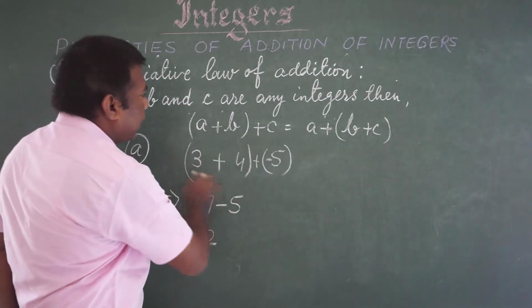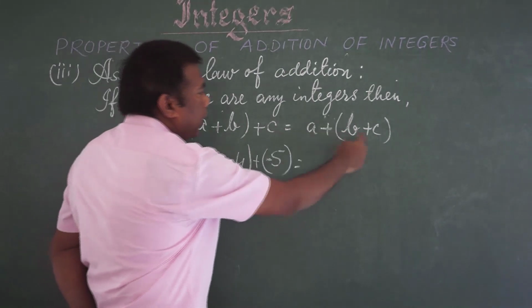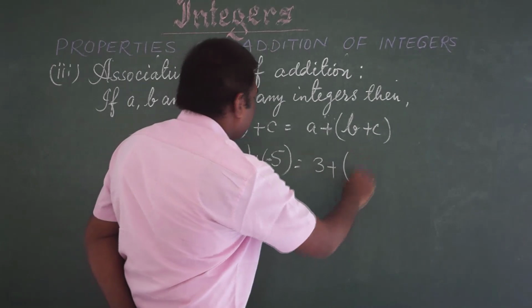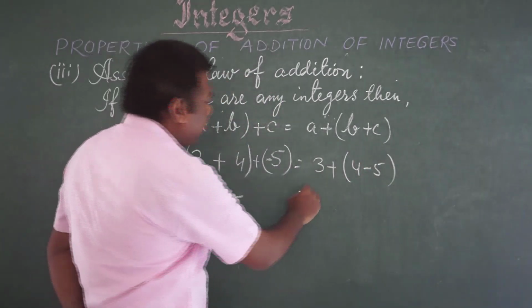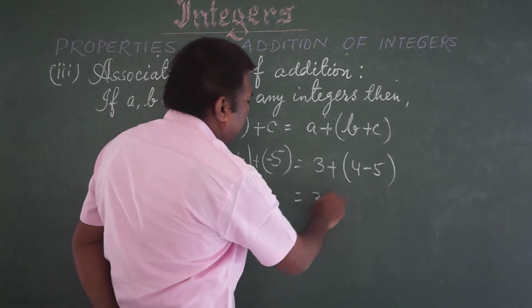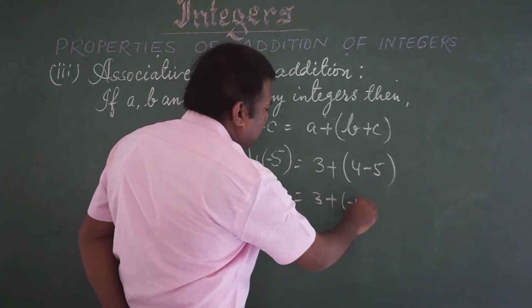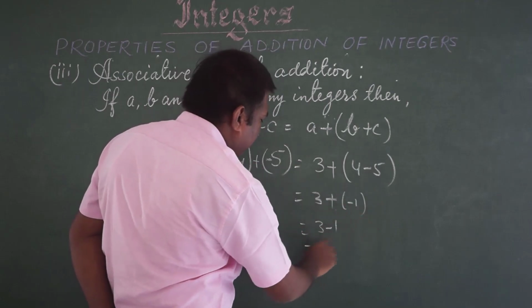Now the same thing, if it is written in this form, a plus (b plus c), then it will be 3 plus (4 minus 5), and 4 minus 5 is equal to minus 1, and 3 minus 1 means 2.